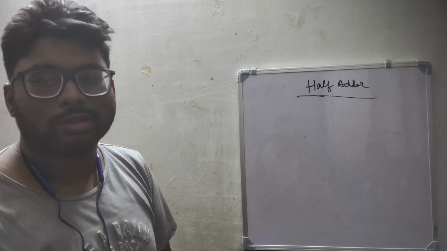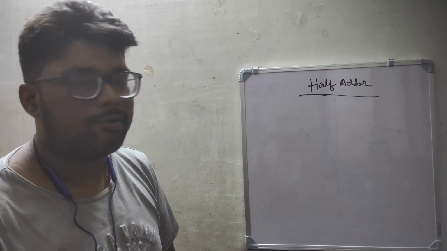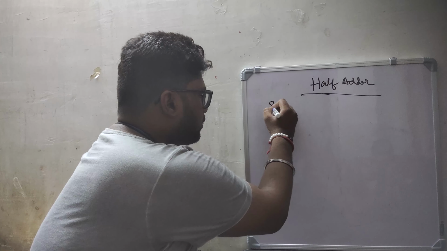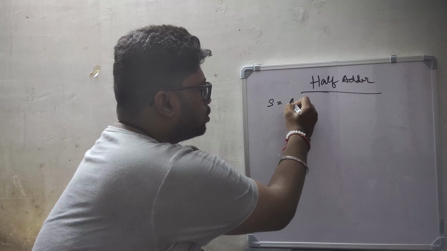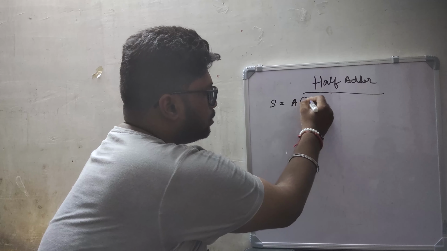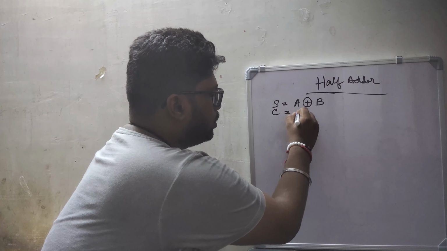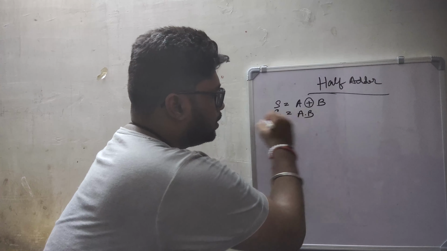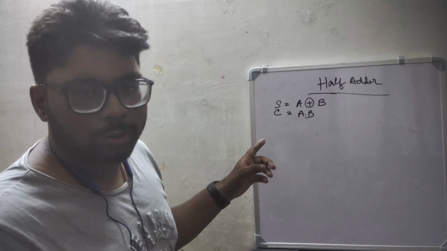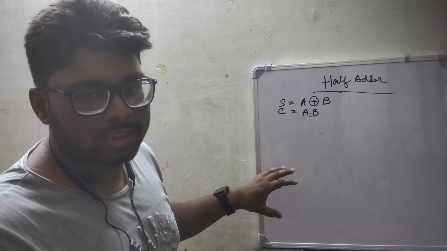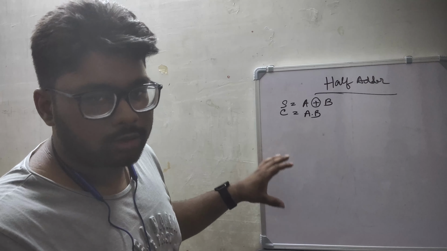So now we are going to discuss the circuit diagram for half adder. The expressions that we got were S equals A XOR B and C equals A and B. So based on these two expressions, we are going to draw the circuit diagram of the half adder.